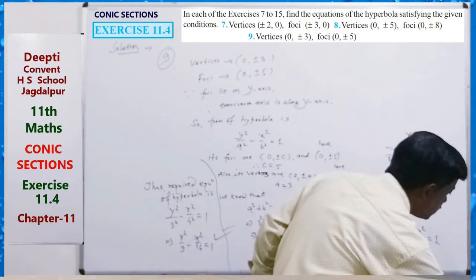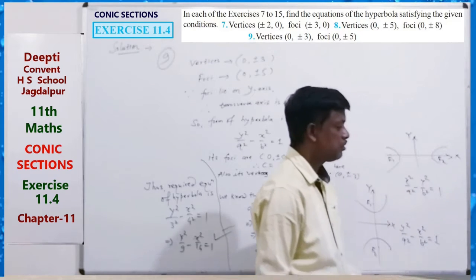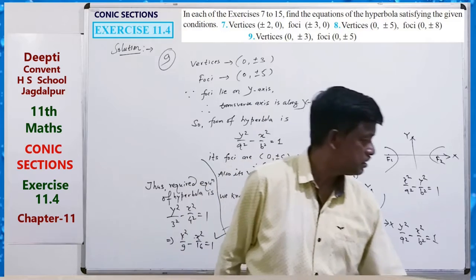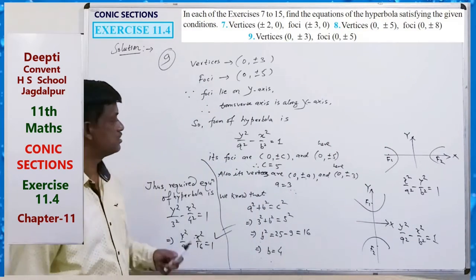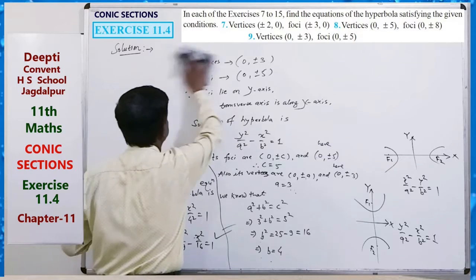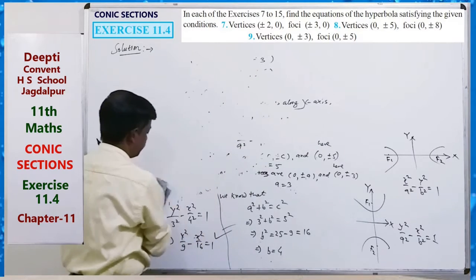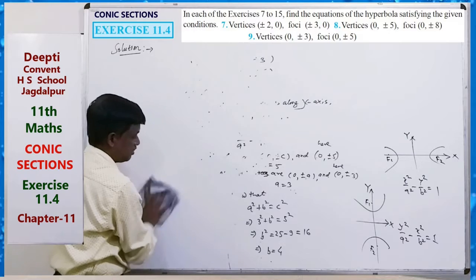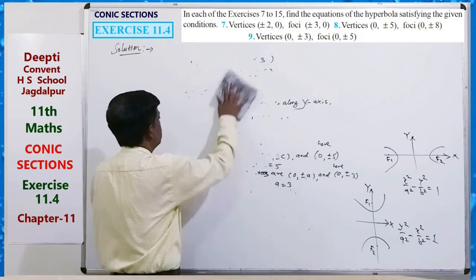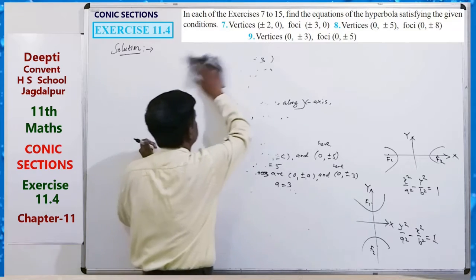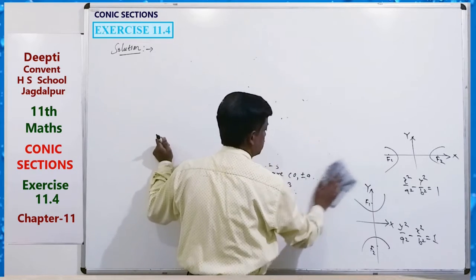After question 9, here is question 10. Here the foci and the transverse axis length 8 are given. We know the length of the transverse axis is 2a. Here I am giving the discussion of all the questions in brief.